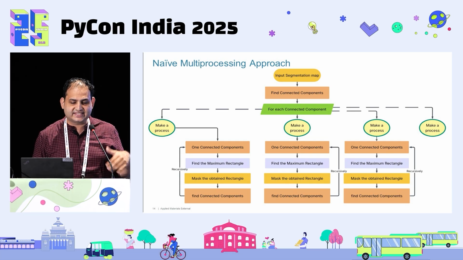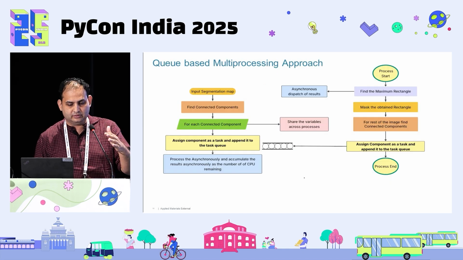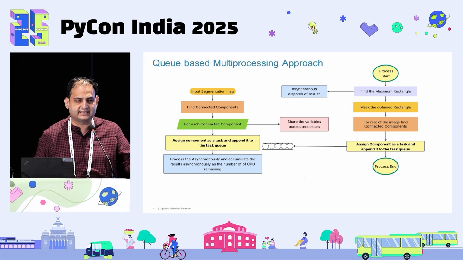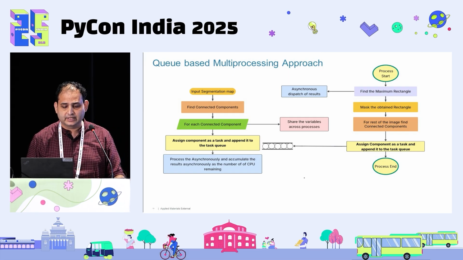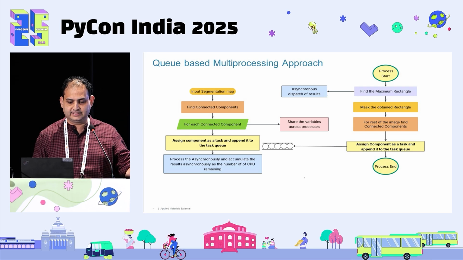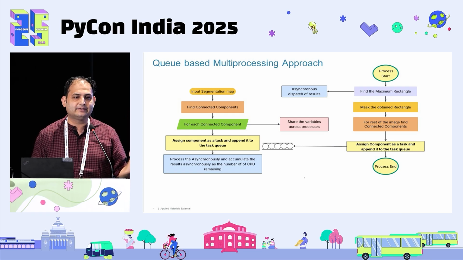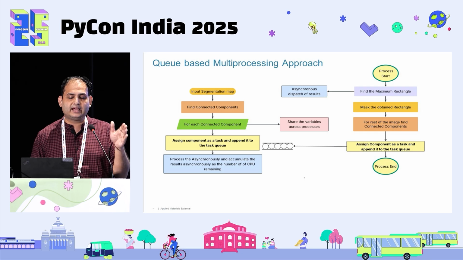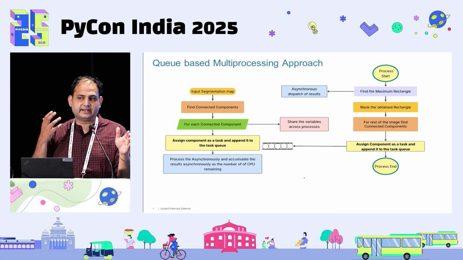So what can I do? I change the architecture. From the naive multiprocessing approach, I've gone to a queue-based multiprocessing approach. This is the final one which we used. What did we do here? We have an input segmentation map as earlier, and find connected components. For each connected component, I make it a task, because from each connected component I want to get the rectangles.